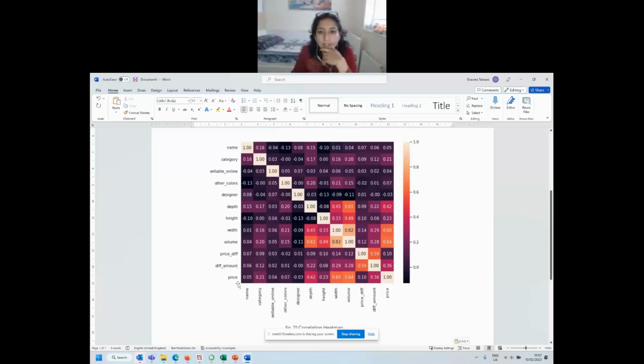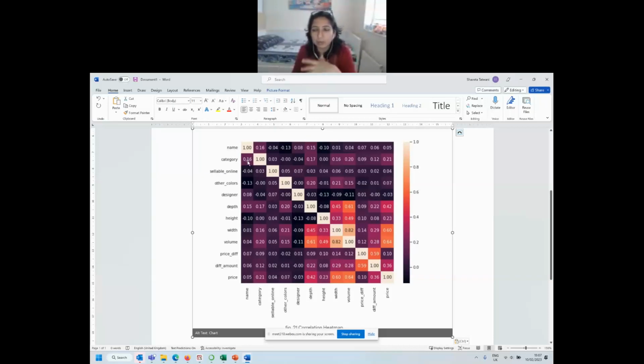So here, this heat map is generated. If you look at the second column, this 0.16, what is 0.16? This is the Pearson correlation. Pearson correlation, if you don't know, generates values between -1 and +1.